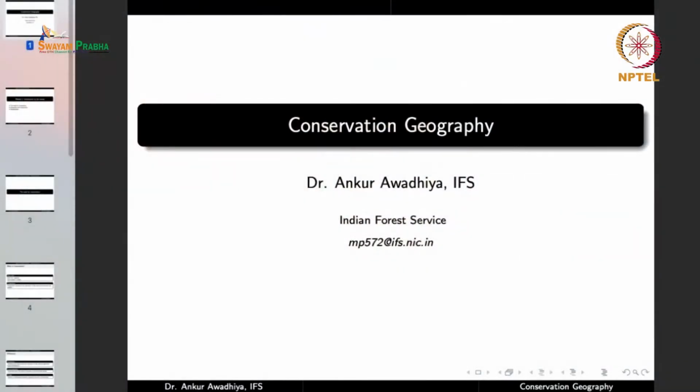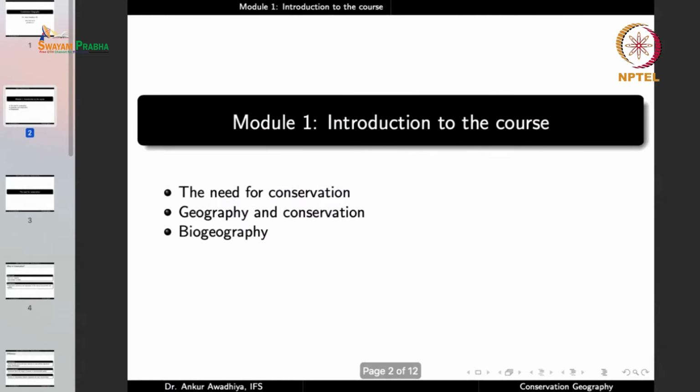And at the same time, we can also look at certain case studies where conservation was done and the kinds of benefits that people in the area got from it. So in this course, we'll look at a large number of such examples and it will be full of case studies. Now, this course will be divided into several modules and each module will have several lectures. So with that, let us now begin this course.